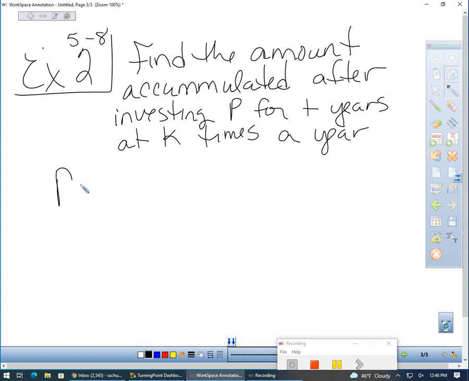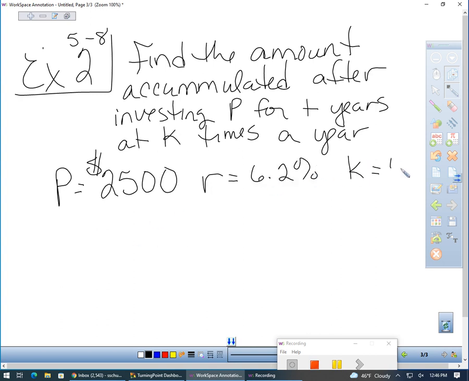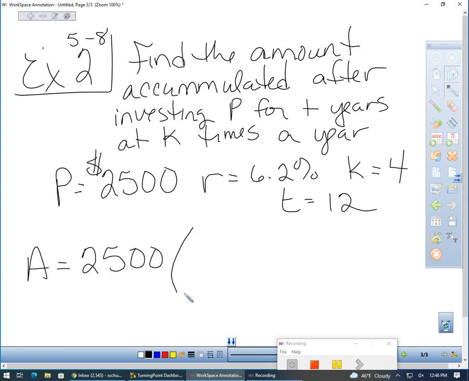So we're going to have P equals, let's say, 2,500 this time. R is 6.2%. K is 4. And T equals 12. So we have A equals 2,500 times 1 plus. How do I change 6.2% to a decimal?